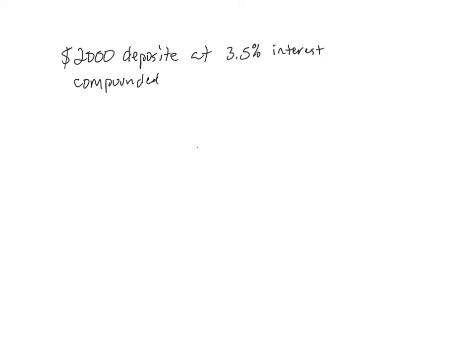So let's say $2,000 deposit at 3.5% interest compounded quarterly.